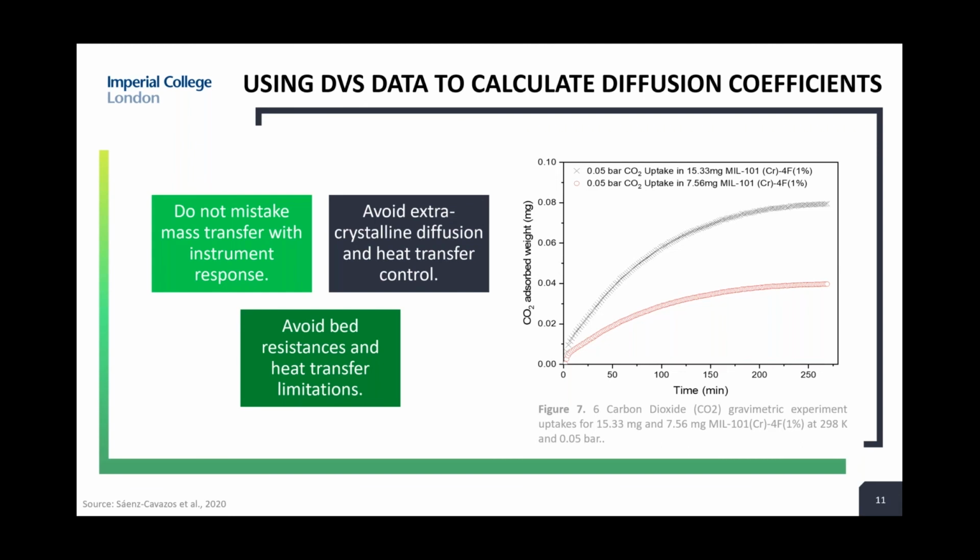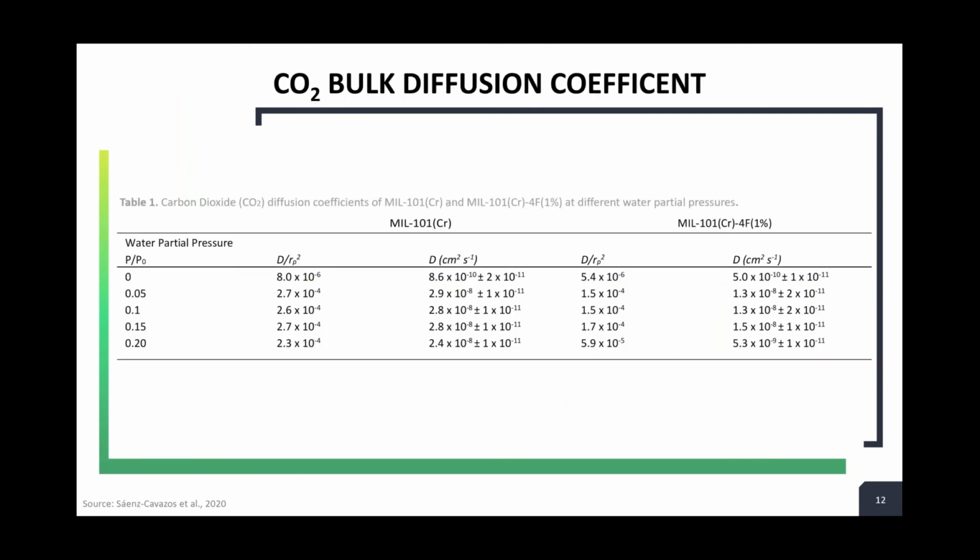We assumed spherical particles for both materials and determined the CO2 diffusion coefficient in the presence of different water vapor concentrations using Fick's second law of diffusion, which is generally a good model and a good approximation for slow diffusing systems. So in this slide, you can see the diffusion coefficient results.